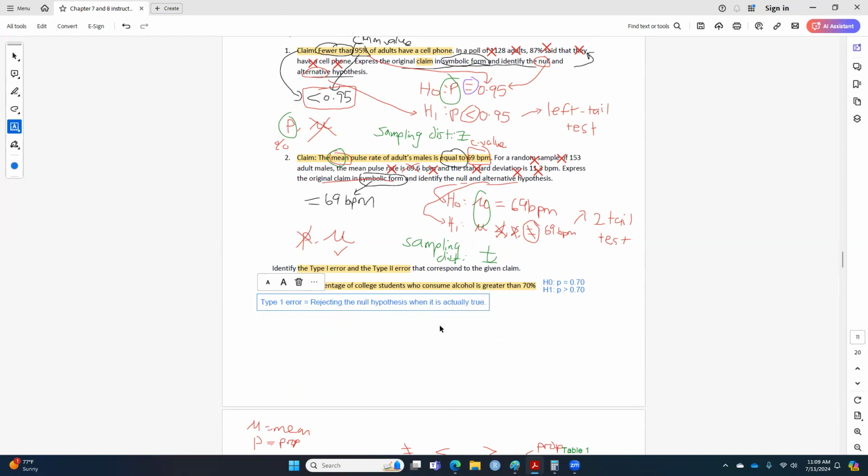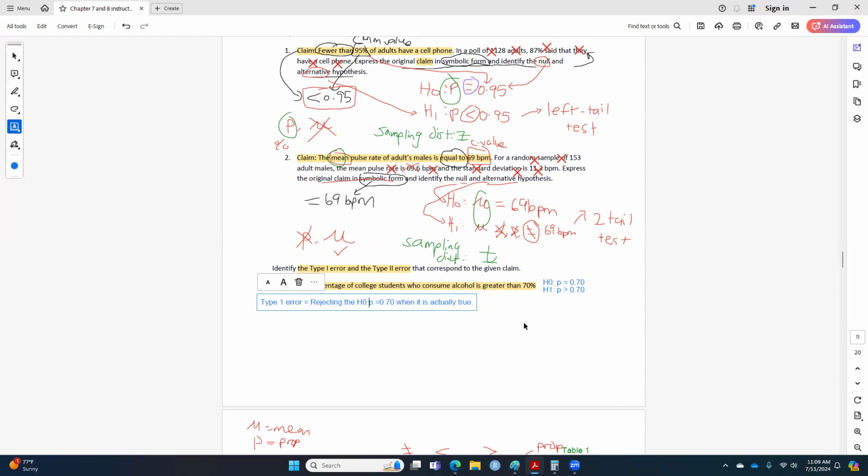What we do here is replace the null hypothesis, which we know is H0. And the H0 in this case is P equals 0.70. So this is the null hypothesis that we have for this claim.